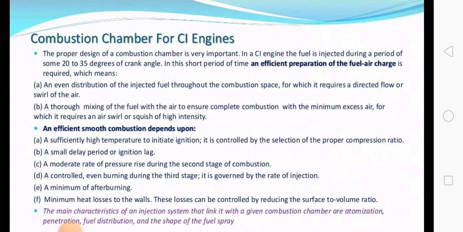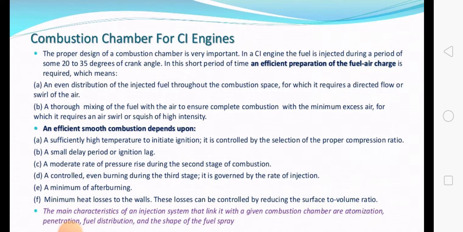The fuel is injected into the combustion chamber through a fuel injector, which may have a single or multiple orifices. If it has a single orifice, then the air movement should be adjusted for maximum delivery, hence it should have high air swirl.